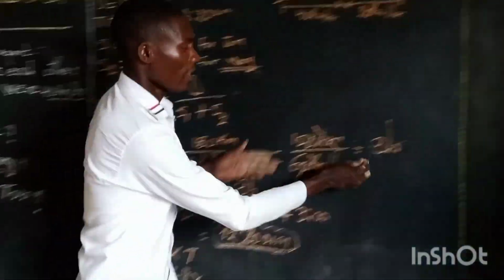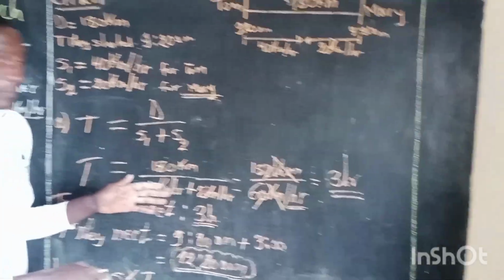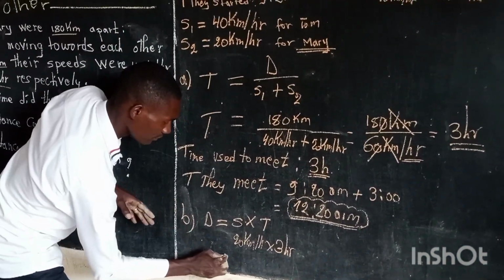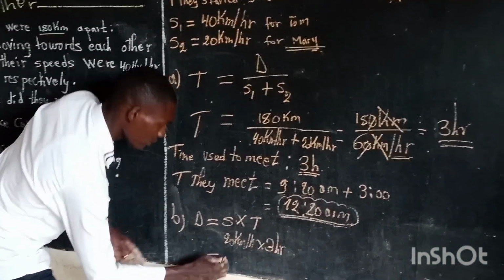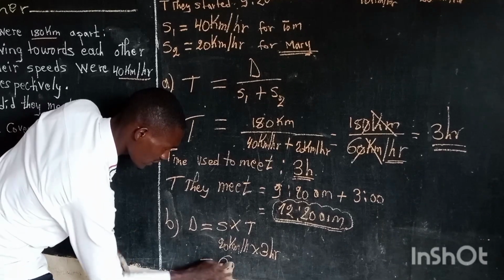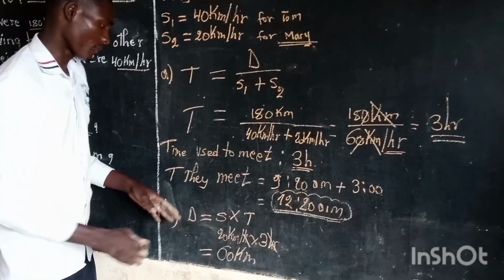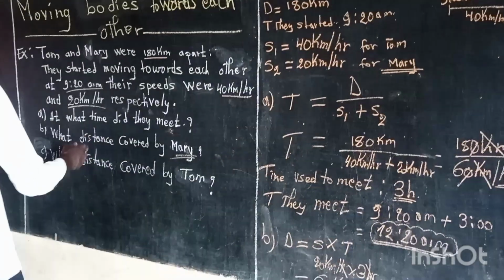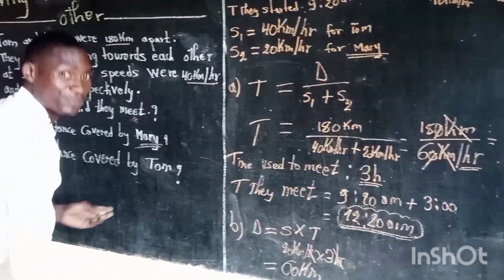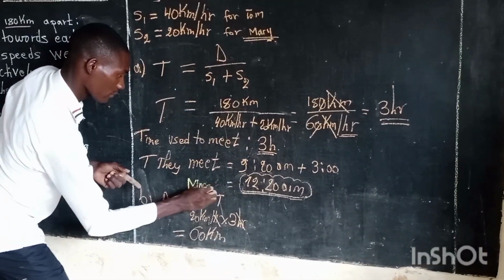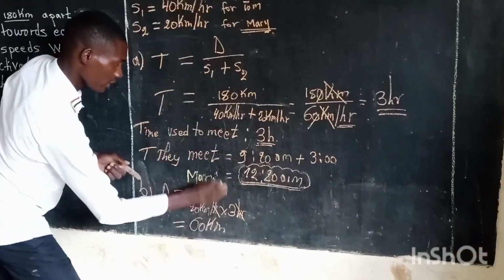Our time is 3 hours. That's why we multiply by 3 hours, then we get 60 kilometers by cancelling these hours. And this is the distance covered by Mary.